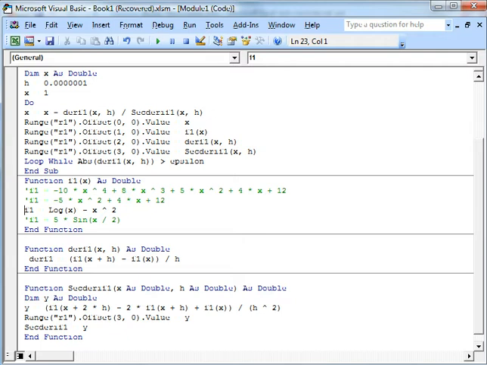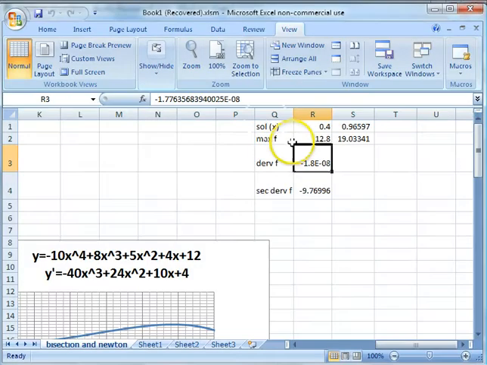Not extremely difficult, but you would need to remember the derivative of logarithms and things like that. In this case, we don't even need to code that. All I'm changing is the function and re-executing the code.